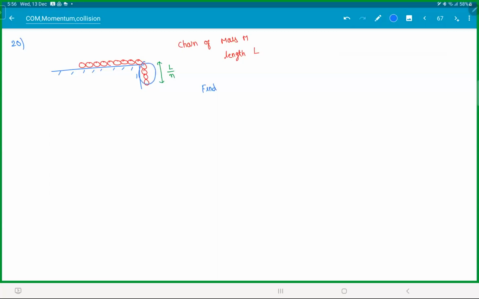So you want to put this hanging chain back on the table. Easy one. Find work done. Put the hanging part back on the table. Let's get this.